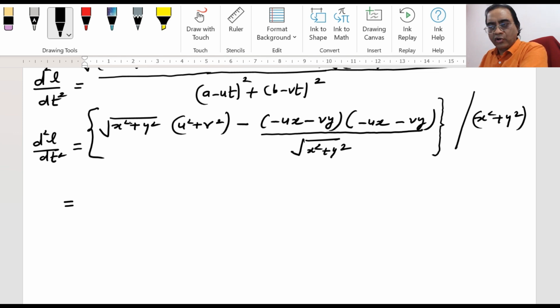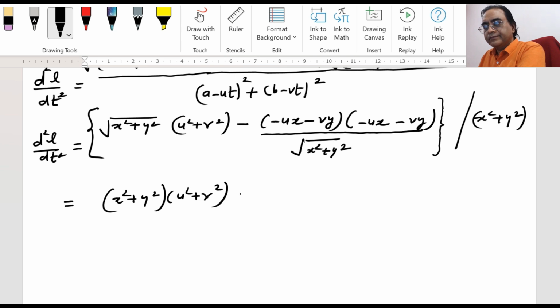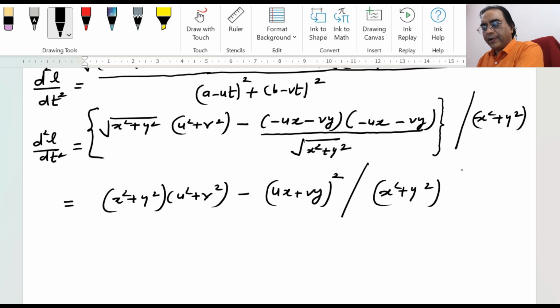This into this root will be gone. Then this power half, power 1, 3 by 2.